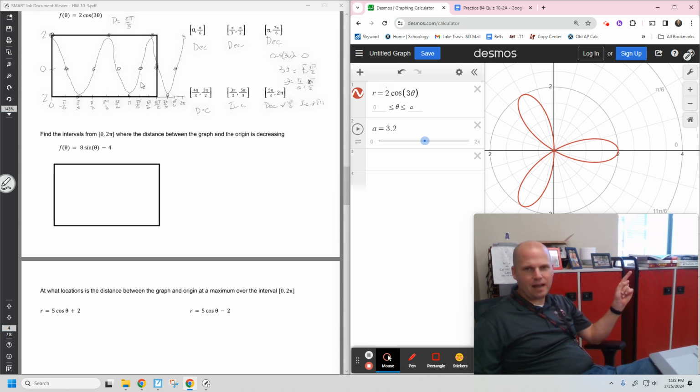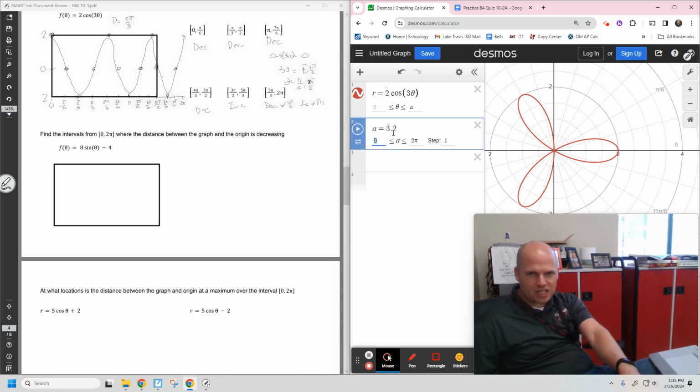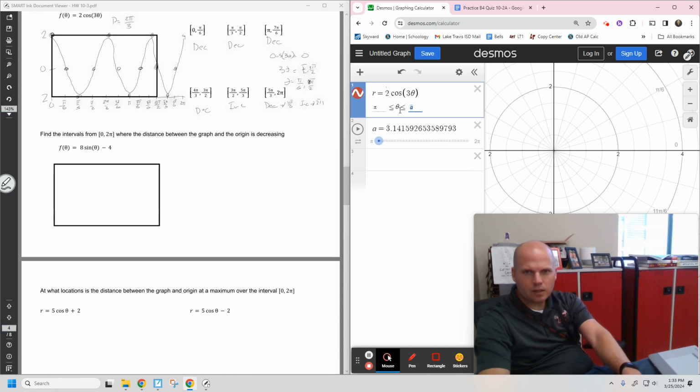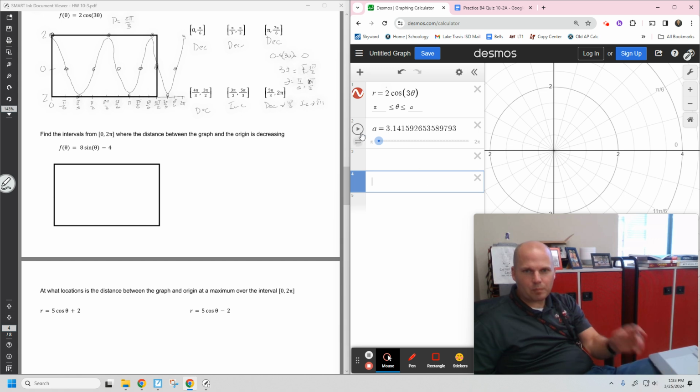Well, what happens after that? Watch. From pi to 2 pi, the graph is recreated in the same way. But from pi to 7 pi over 6, these radiuses are negative. So my terminal ray is over here, but the radiuses are negative.